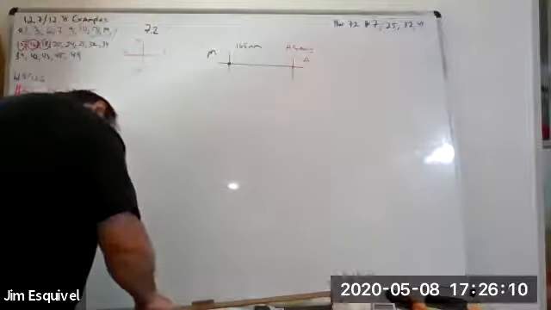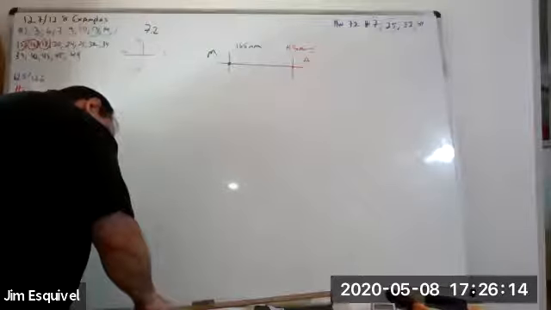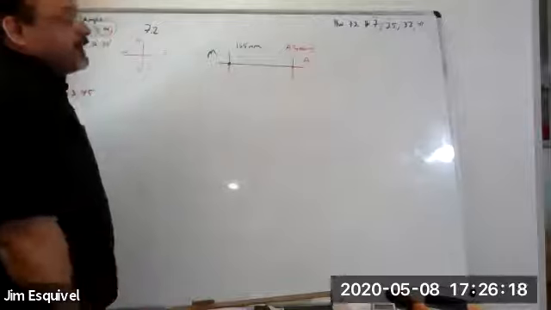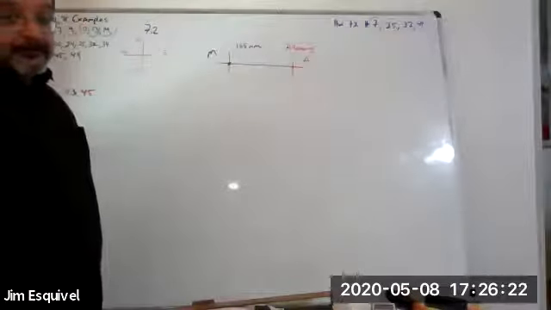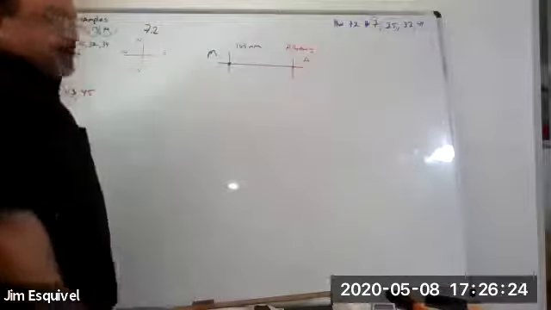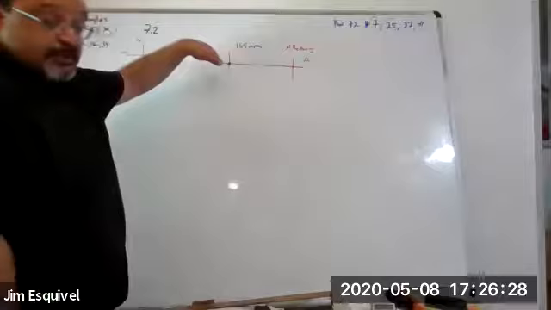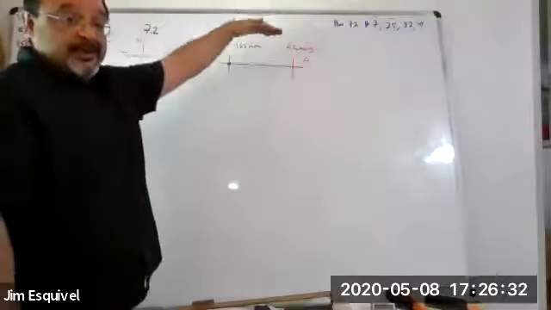Phoenix is 216 millimeters from Minneapolis. Now, hopefully you know that Phoenix is in the southwest, a little bit towards Mexico, and that Minneapolis, Minnesota, and Albany, New York are in the northern part of the United States.